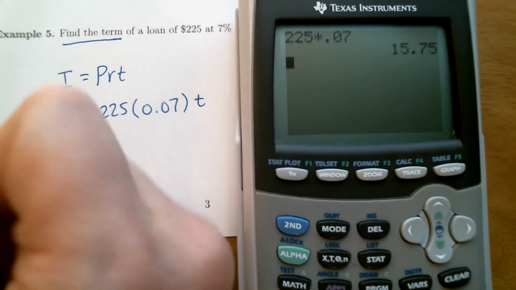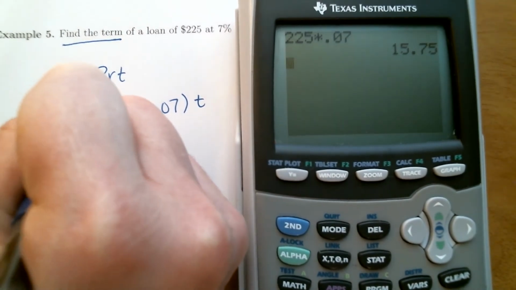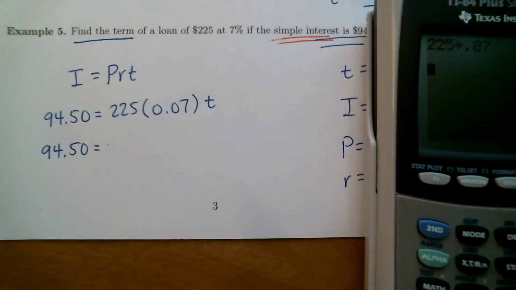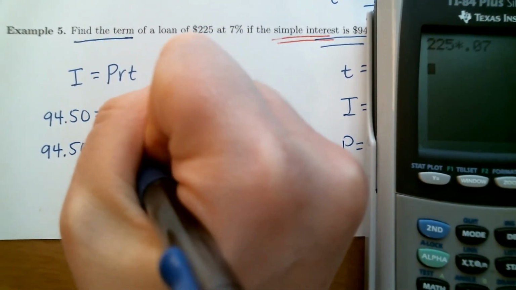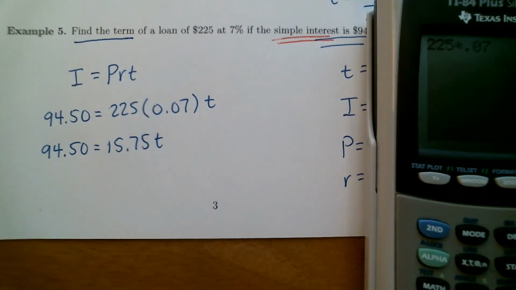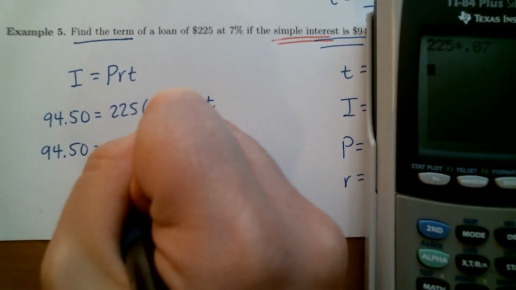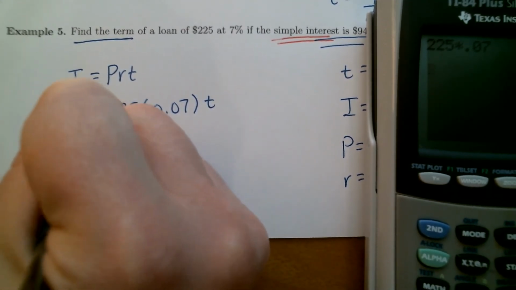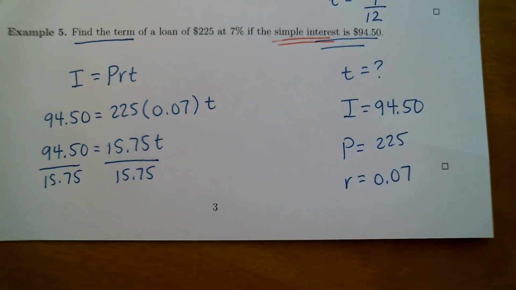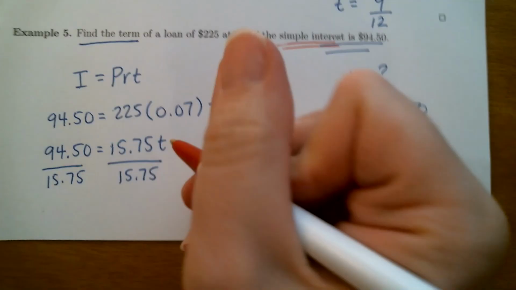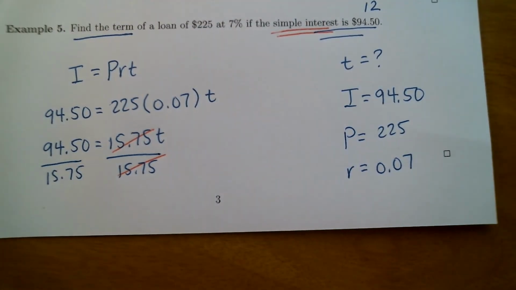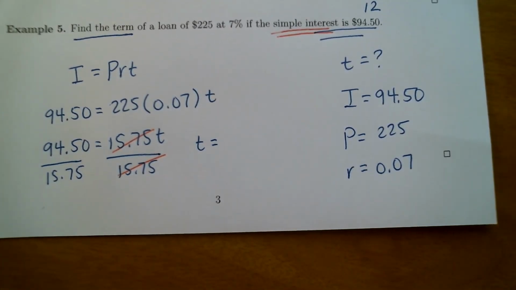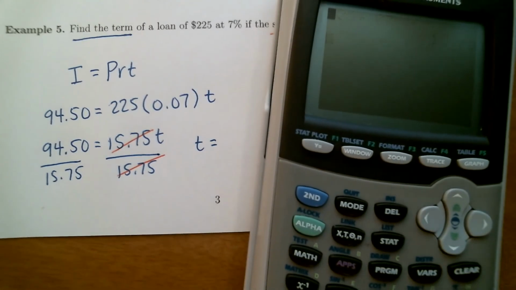But this next step, we can write down 9450 is equal to 1575 times t. And then if you want t, just divide both sides by 15.75. So then these guys will cancel. So t is going to be $94.50 divided by 15.75.